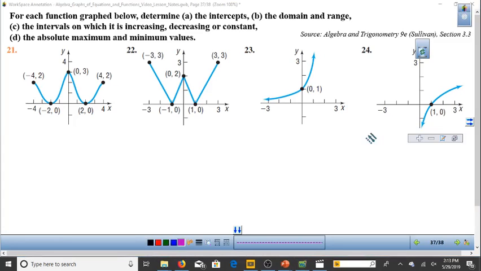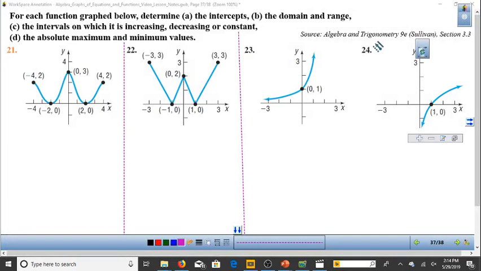So let's take a quick look at those functions that we have here. We're going to give all our intervals using interval notation. All right.